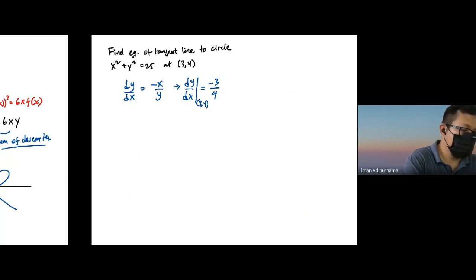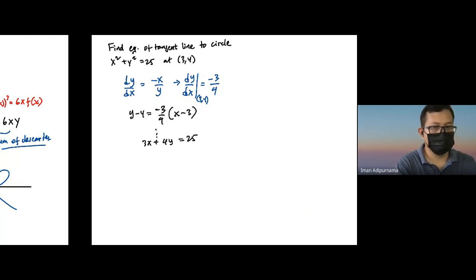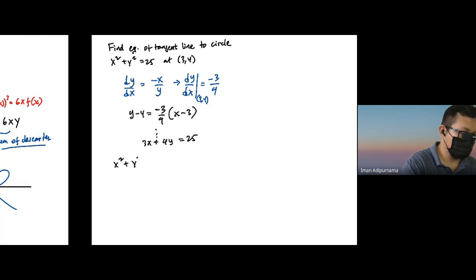And then we can have the equation 3x plus 4y equals 25. I think it's not a problem. But what I want to check is, we can write this x squared plus y squared equals 25 in these terms.